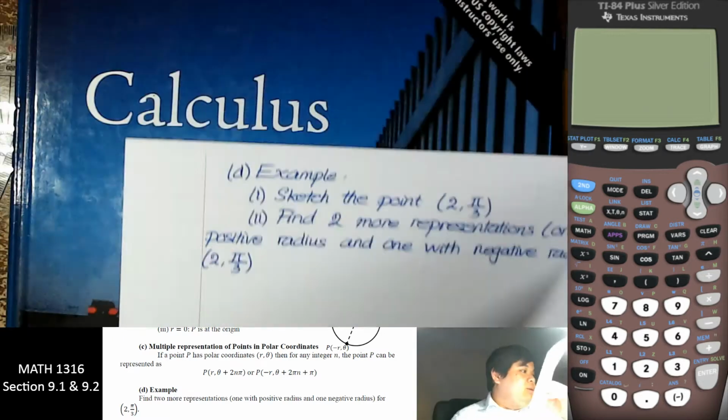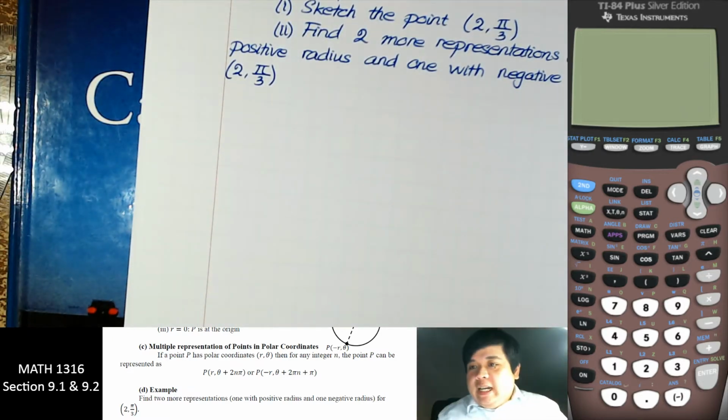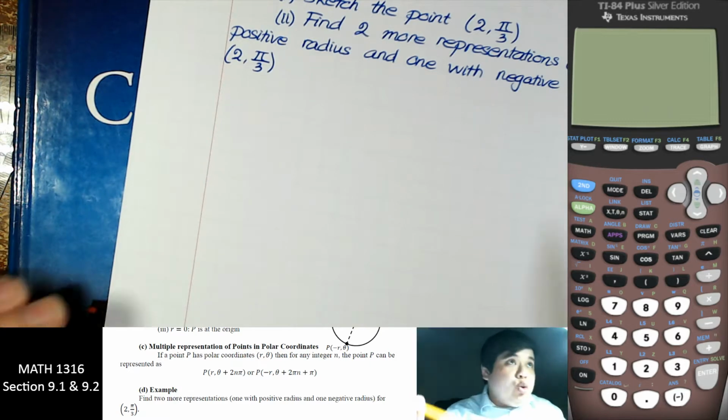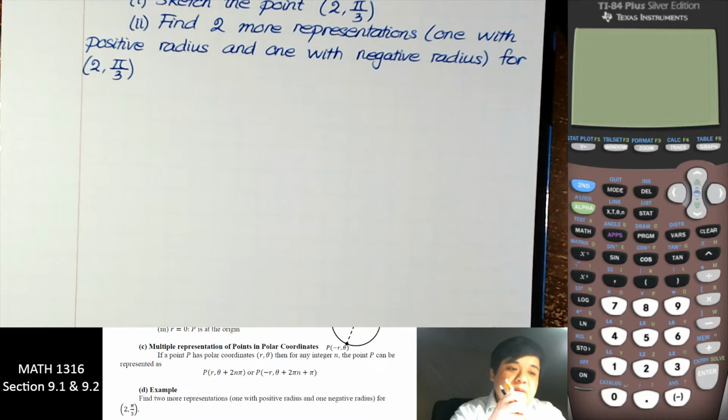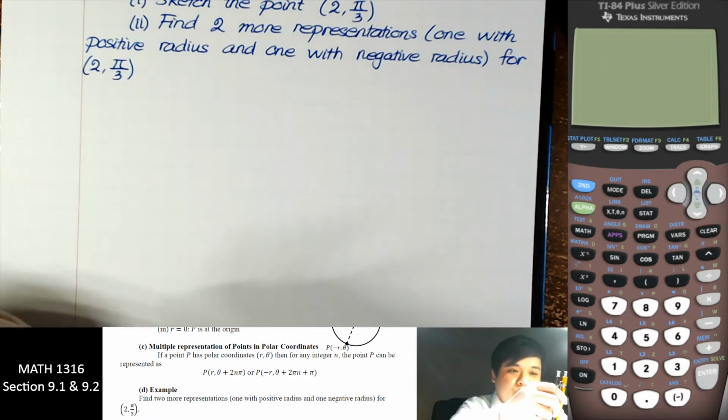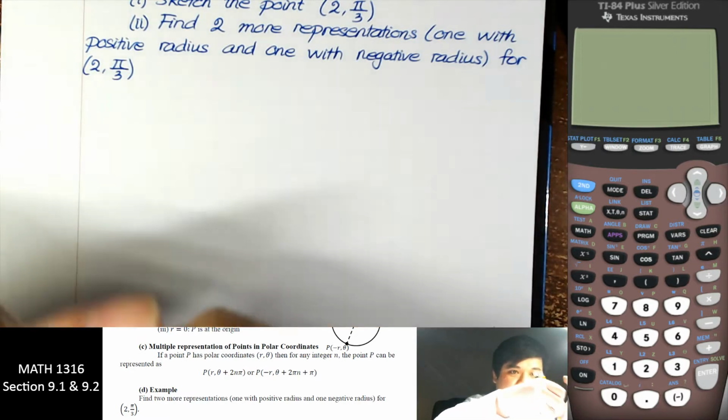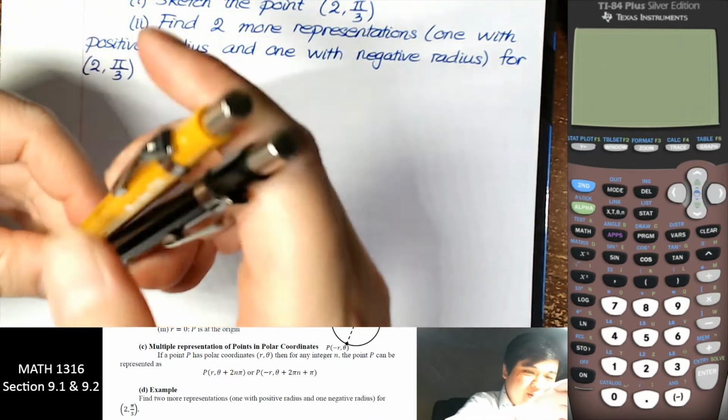Now first we have to draw it. It will be slightly problematic. Usually when we draw the polar coordinates, we need concentric circles, and it will be very difficult to do that without a compass. I don't know what happened to my compass.